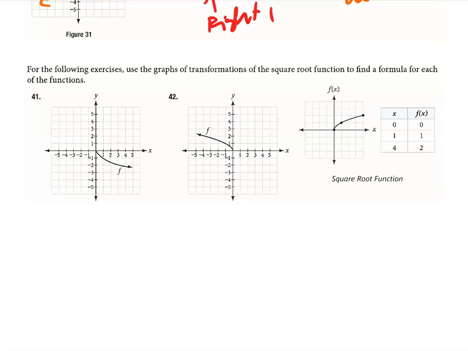Then the next set of problems, and the last problems. For the following exercise, use the graphs of transformations of the square root to find the formula for each of the functions. You know that the square root function is like this. So this is a vertical reflection, y equals negative square root of x.